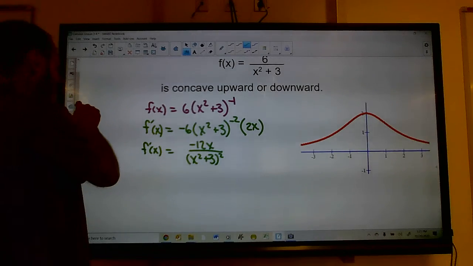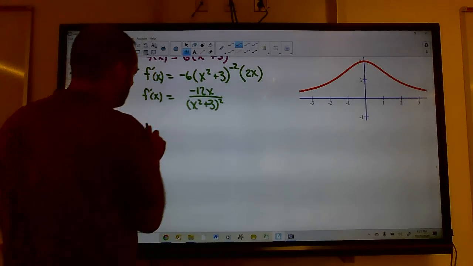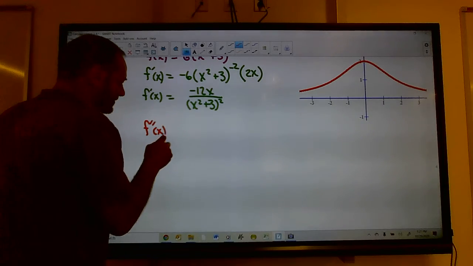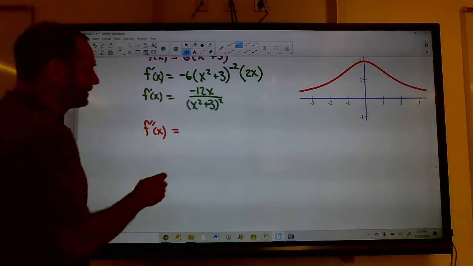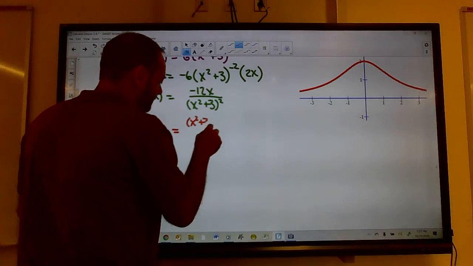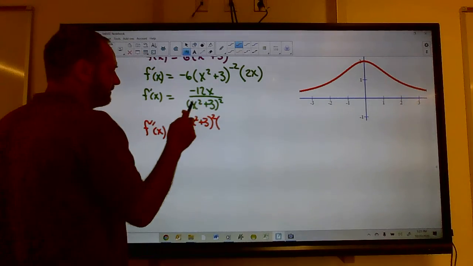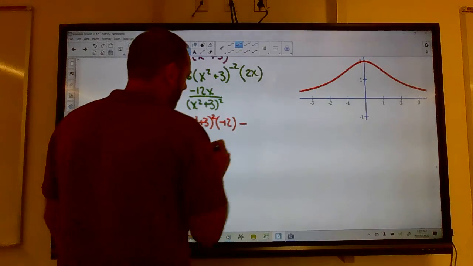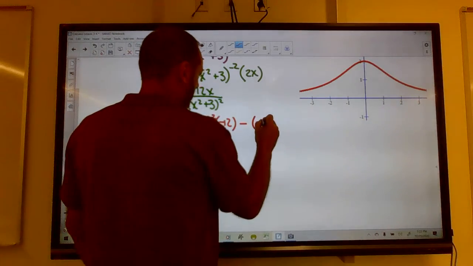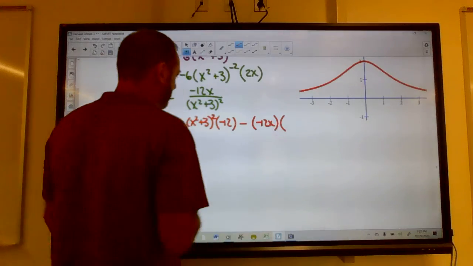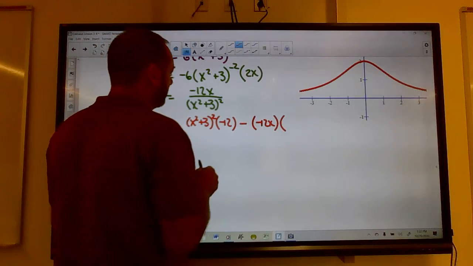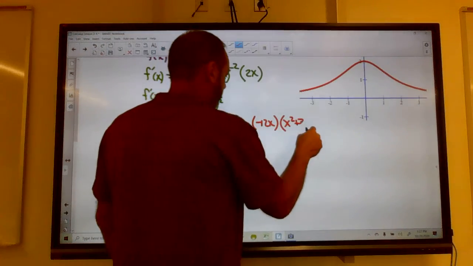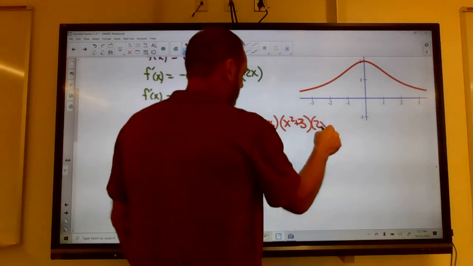All right, now I have to take the second derivative. So f double prime of x, I'm going to have to use the quotient rule. So that's going to be x squared plus 3 squared times the derivative of the numerator, which is negative 12, minus negative 12x times the derivative of the bottom, which is going to be x squared plus 3 to the first power times 2x.